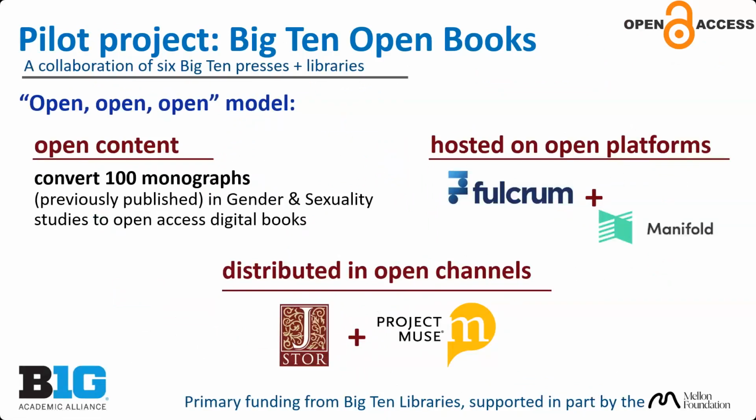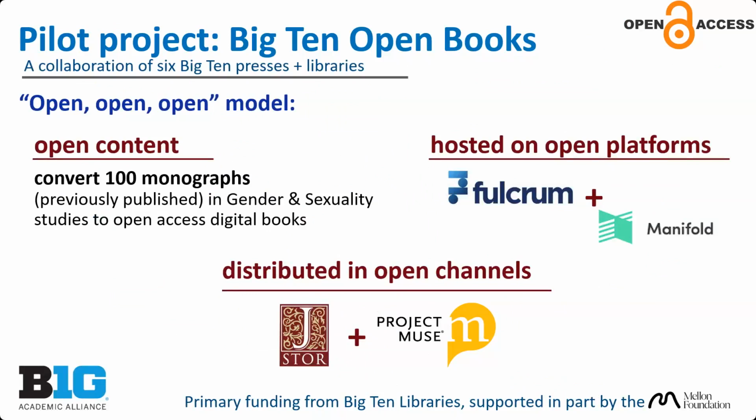So narrowing down here, I wanted to talk about a project that Kate and I have been working on across our libraries and university presses to develop a 100-book open access collection on the topic of gender and sexuality studies. We've named it Big 10 Open Books.